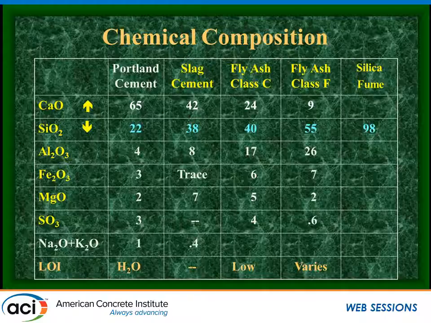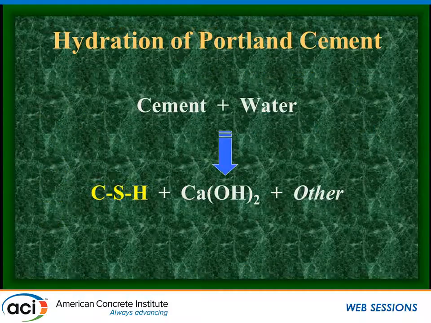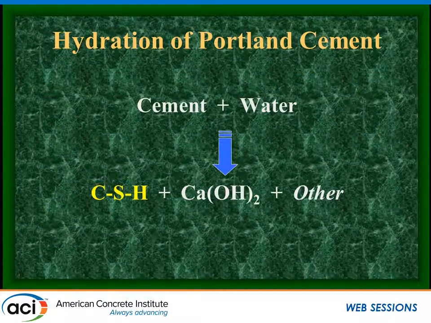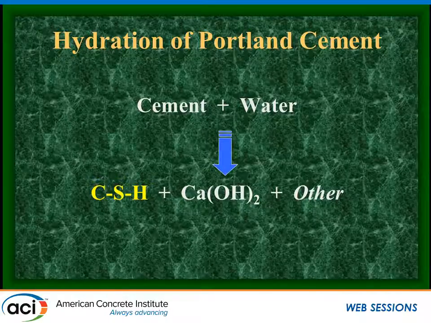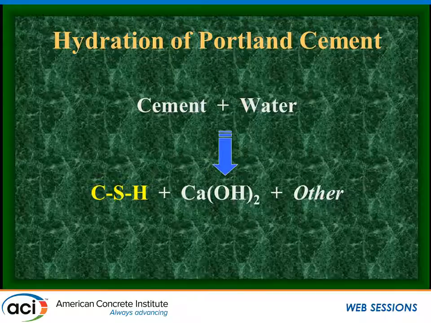So the materials complement one another, and our cement, because it's at that 65-22 ratio, has more calcium than we have silica to hydrate completely. So in the hydration, cement and water join and form calcium silicate hydrate, and there's leftover lime. There's leftover calcium that doesn't get used.